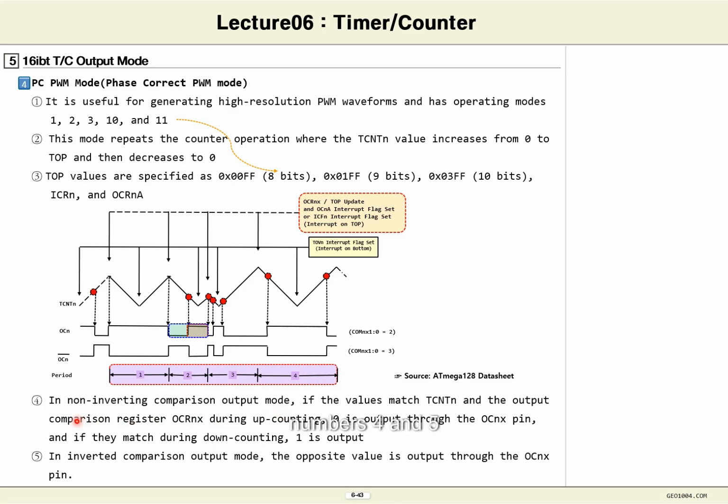This will be numbers 4 and 5 that I just explained. So once again, while the counter is incrementing upward, clearing occurs when it matches the OC value. Please be aware that a set occurs during a downward counter or decrement.